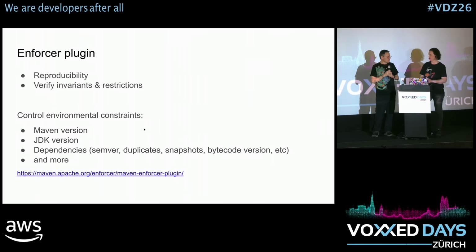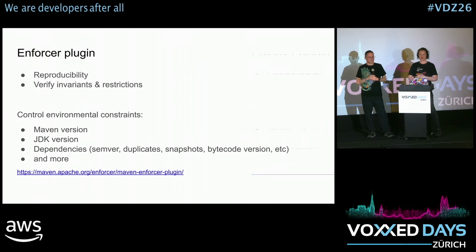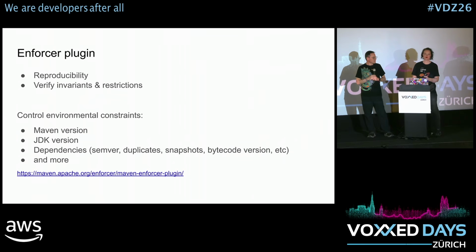And then we have the enforcer plugin, because we want our builds to be reproducible and to maybe verify that we're using the right version of Java or Maven or anything else that we want to check and maybe restrict. So we want to have some checks on dependencies, make sure that we don't have duplicates, and more.